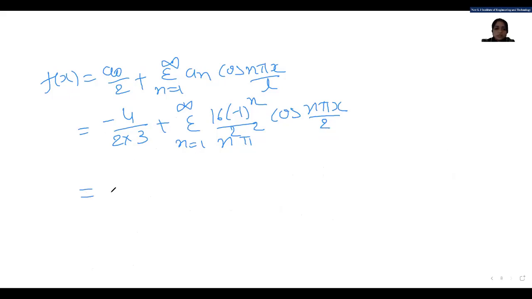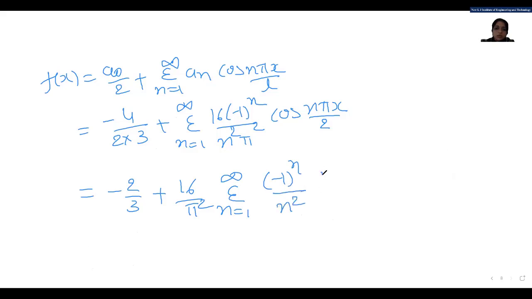So after simplification, minus 2 by 3, 16 upon pi square, constant term, we can put out of the summation, that is minus 1 raised to n upon n square cos n pi x by 2. So this is the Fourier series expansion for the given even function between the period minus 2 to 2.